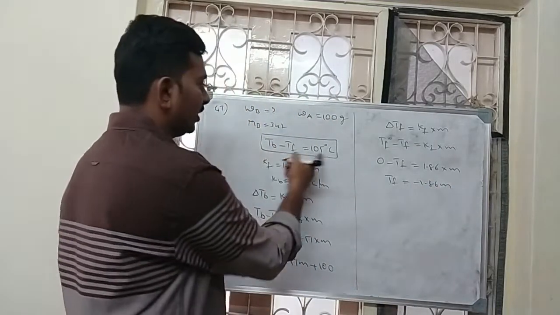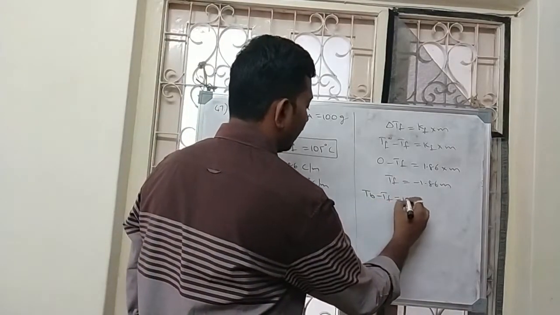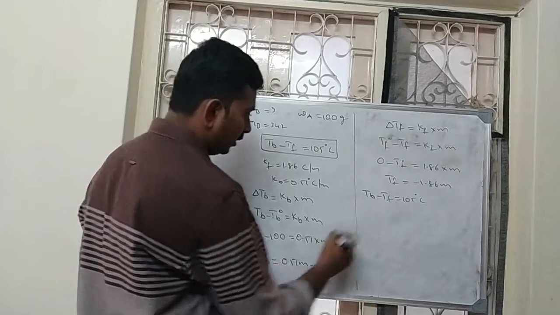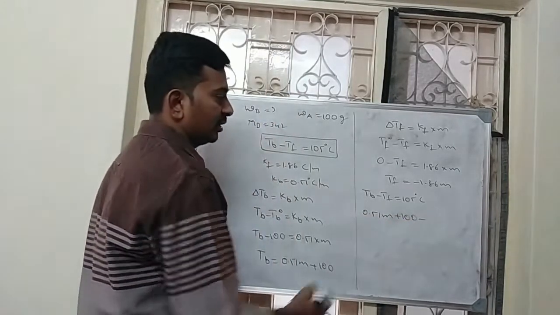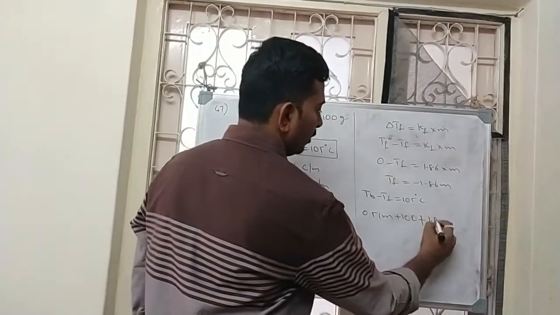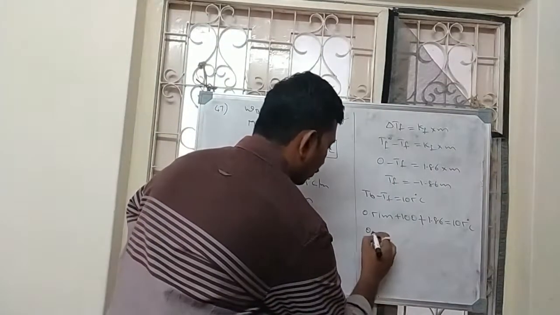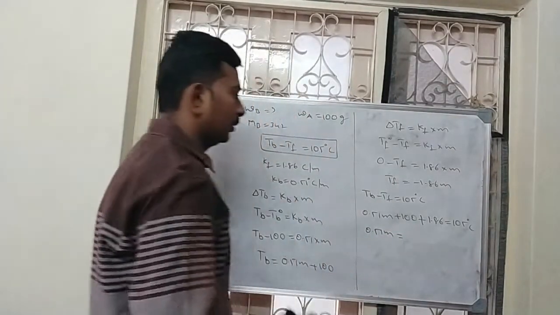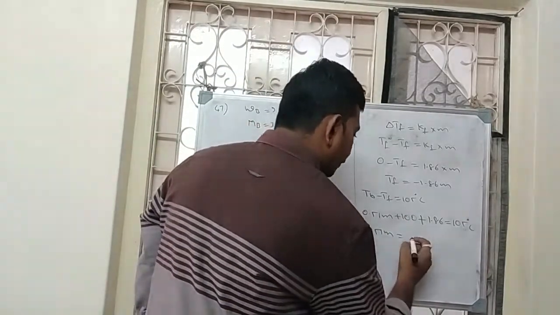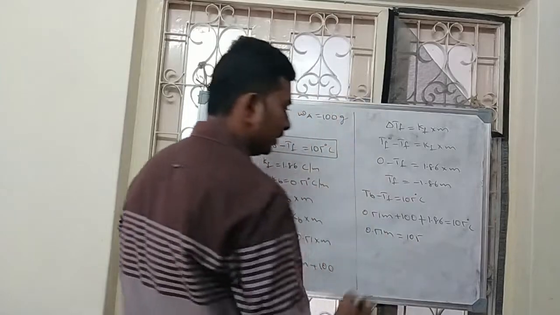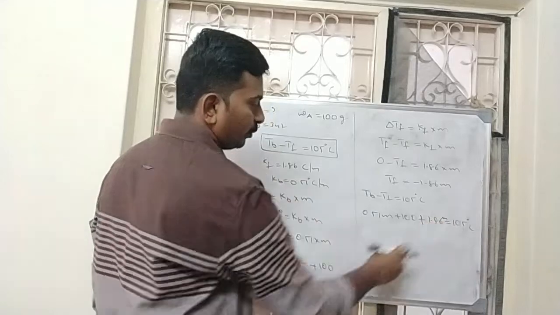So Tb minus Tf value is given as 105 degrees centigrade. So Tb minus Tf is 105. So what is the value of Tb? 0.51 m plus 100 minus of minus, it becomes plus 1.86 m, is equal to 105 degrees centigrade. So 0.51 m plus 1.86 m.